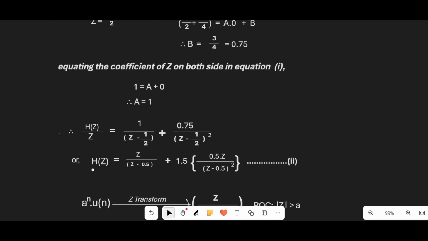That means X of z equal to z by (z minus 0.5) plus 1.5 into 0.5 into z divided by (z minus 0.5) whole square. This is equation 2.